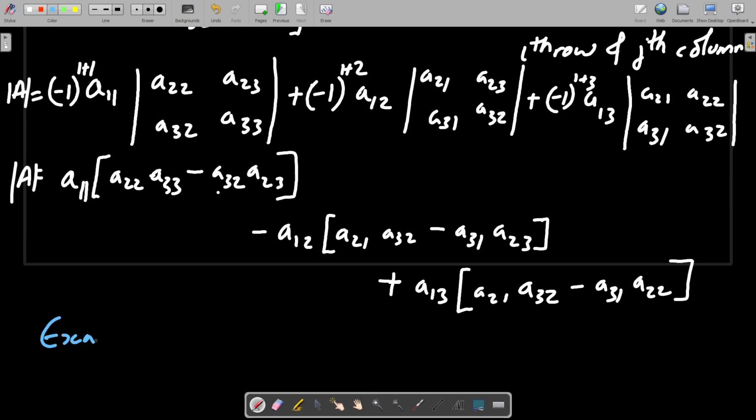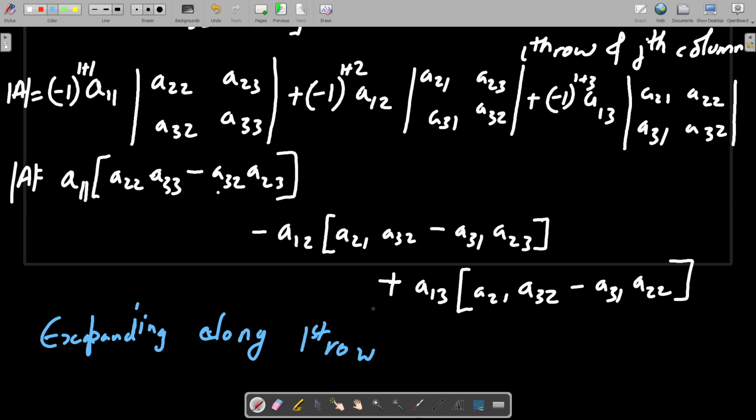Expanding along the first row. This is the name of this method over here.